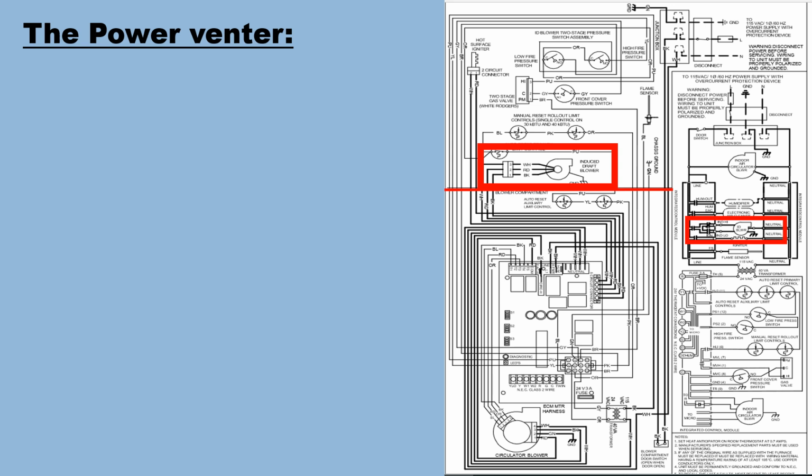But on a 90 plus, and even the manufacturer's reps will call it a draft inducer, but it actually is a power venter because it's a sealed system. And remember, we're condensing, lowering that flue temperature all the way out to the termination point.